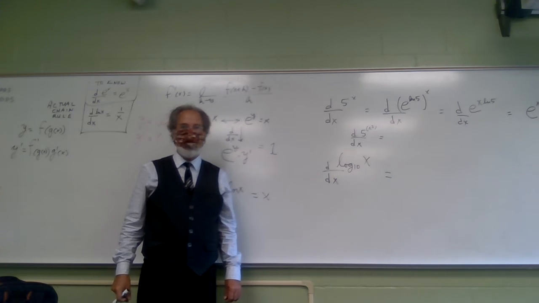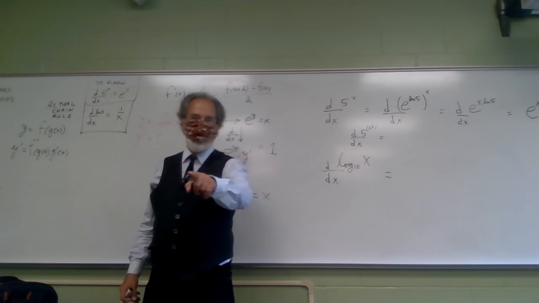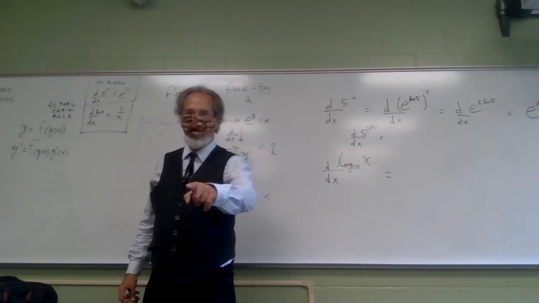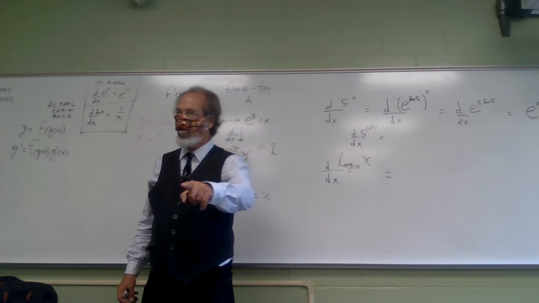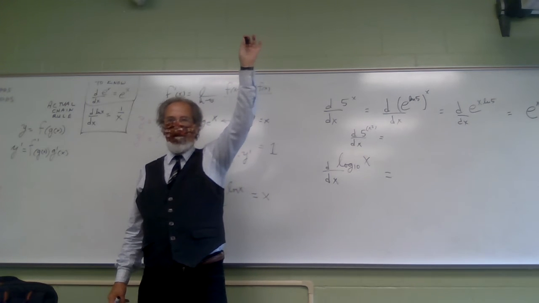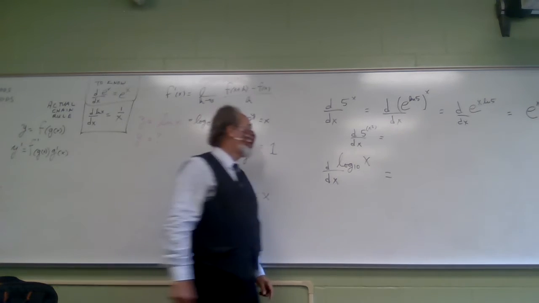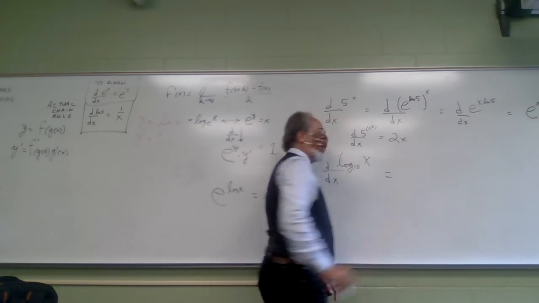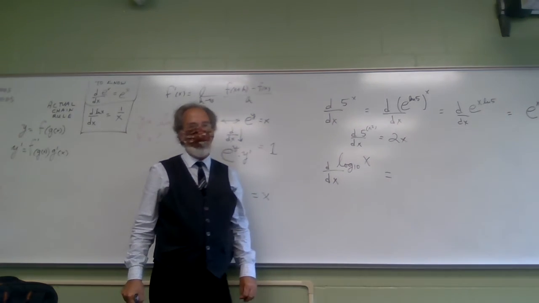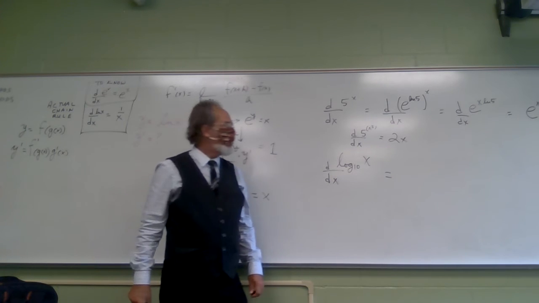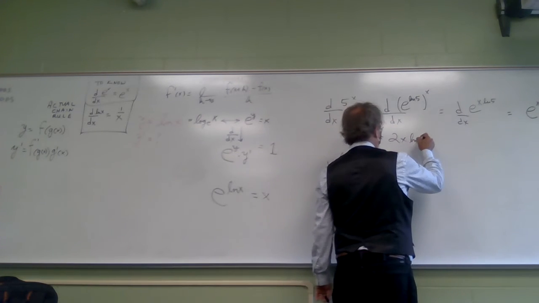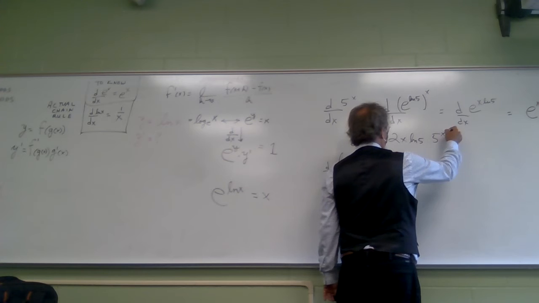Hit me. Can anybody do the pro move? I can. Ready for the pro move? That's the pro move. You throw the derivative of the inside down first. 2x, natural log of 5, 5 to the x squared.